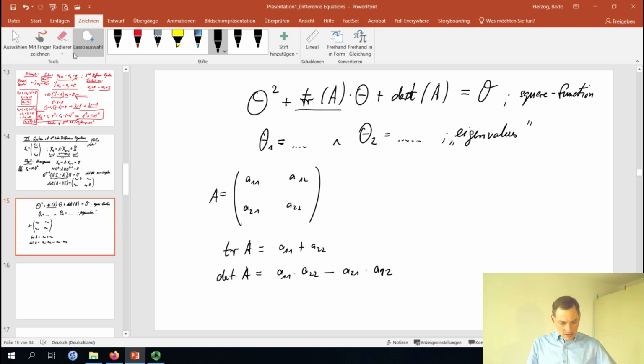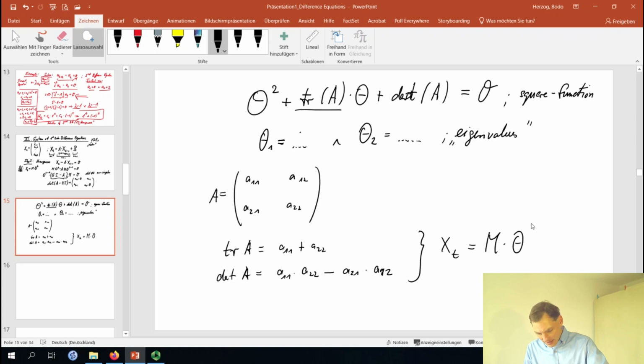Okay, so suppose we have now, given these are numbers, we get some numbers here for theta 1 and theta 2. Then, remember, we said my x of t is some m theta to the t.